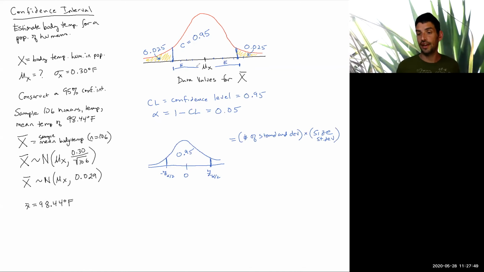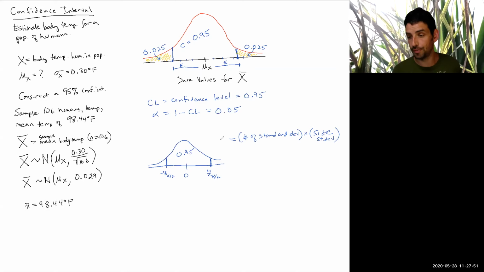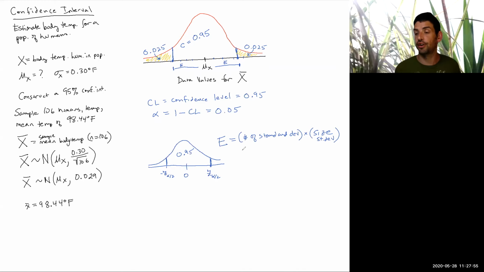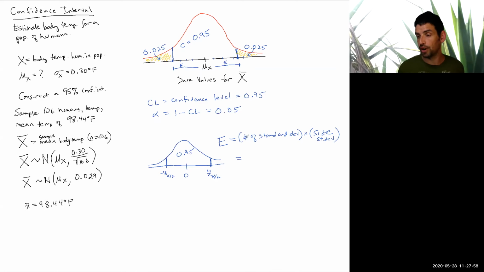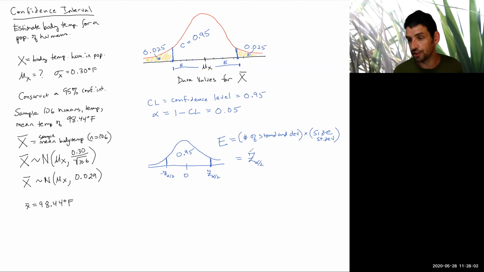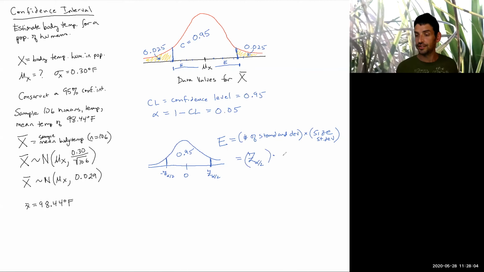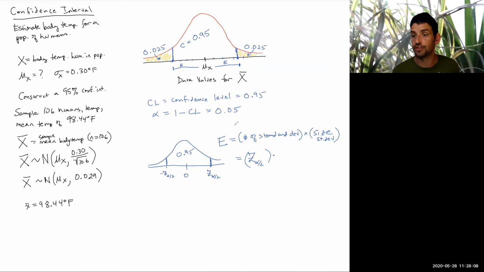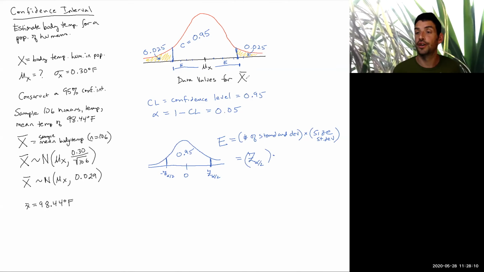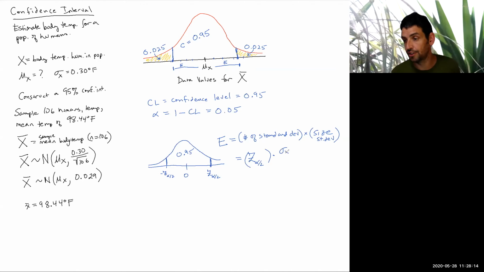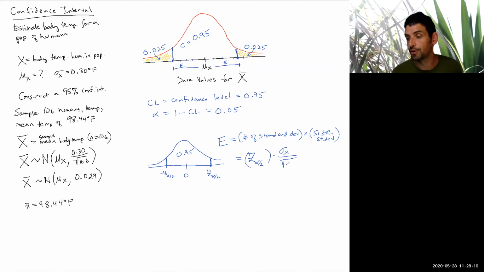That tells us how far we should move from the mean to capture 95% of the data. In other words, that's our error. The number of standard deviations is just z alpha over 2, and the size of the standard deviation is just our standard deviation. For the data values for x bar, that's going to be the standard deviation of x divided by the square root of n.